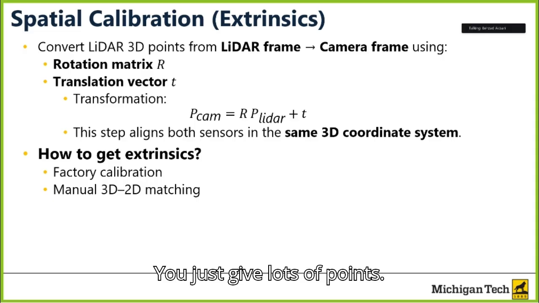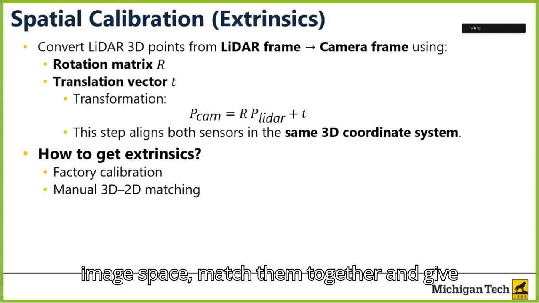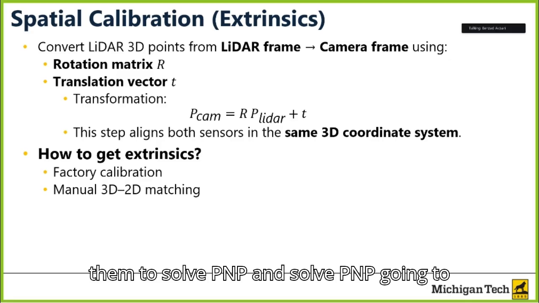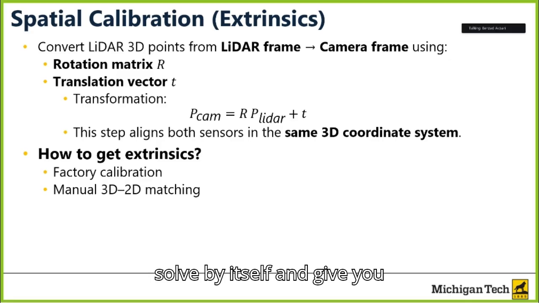You just give it lots of points, at least 6 points in LiDAR space and 6 or more points in image space, matched together, and solvePnP solves by itself and gives you the rotation matrix and T, the translation vector.